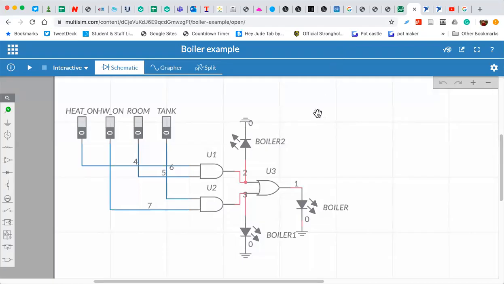Looking back at last week, if you remember, we worked on a boiler system. Oh, I hadn't renamed all of these. Let's just do that now.